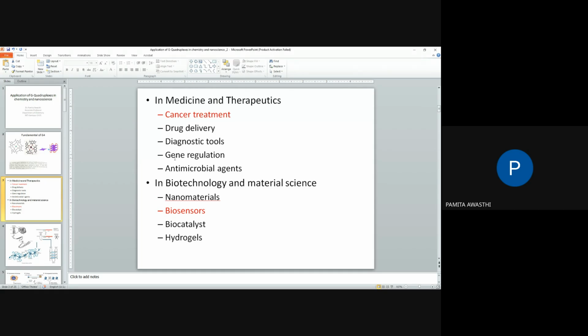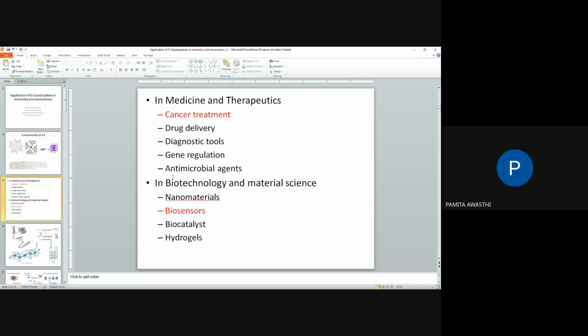In gene regulation, of course, they play a very vital role by targeting them, and they can have very potential use to modulate gene activity specifically in therapeutic applications.